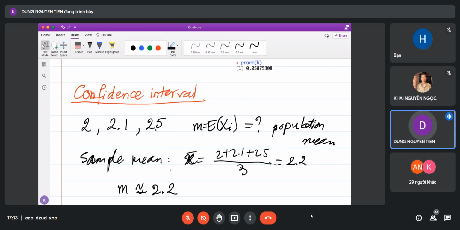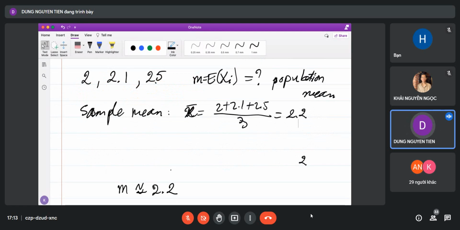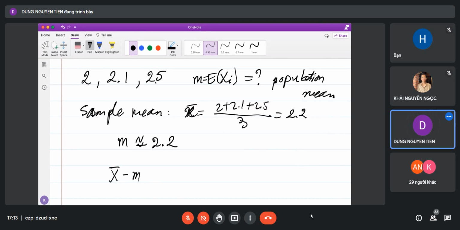In order to know whether m is close to 2.2 or not, you need to know the error, right? So let's say I want to know the difference between x bar and m. You don't know the exact difference, but you can estimate it. So basically, you want to find epsilon.